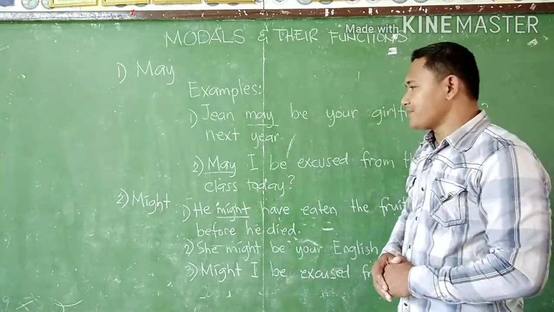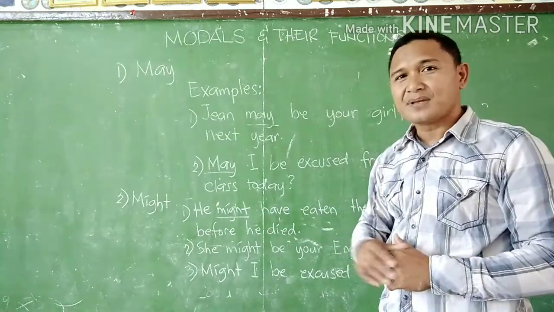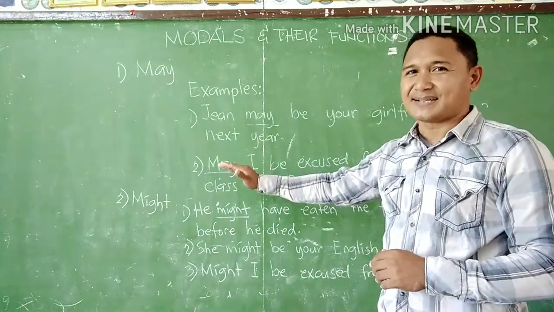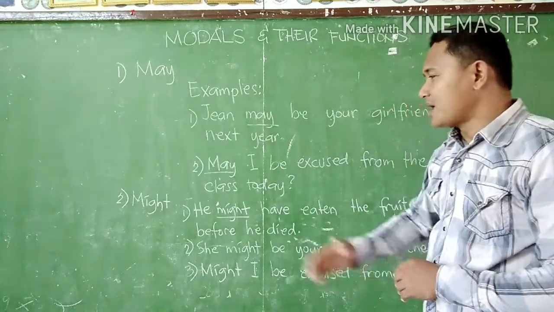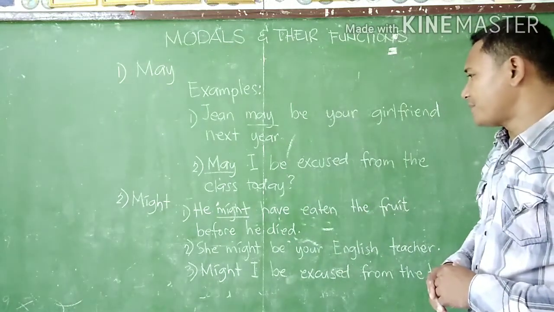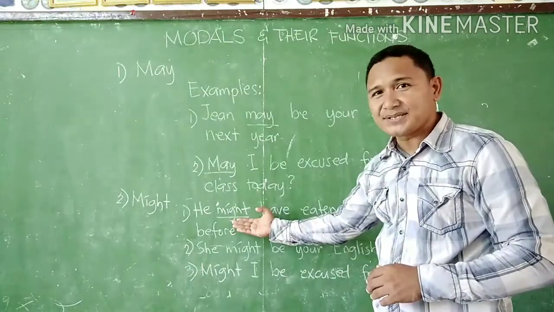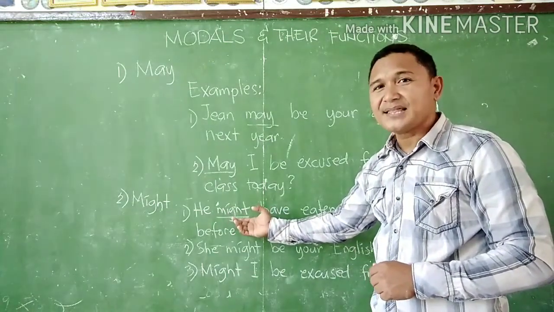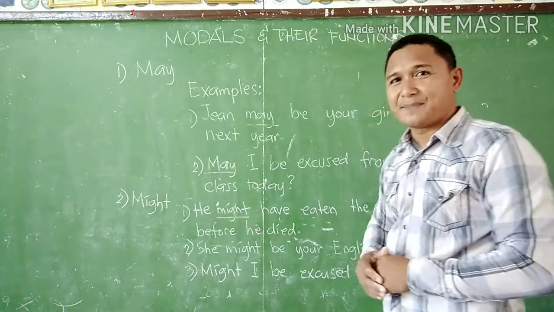And might here is sometimes thought of as the past tense of may. Well, let's clarify everything about it. Look at the examples. He might have eaten the fruit before he died. Might here is used because it expresses possibility in the past.